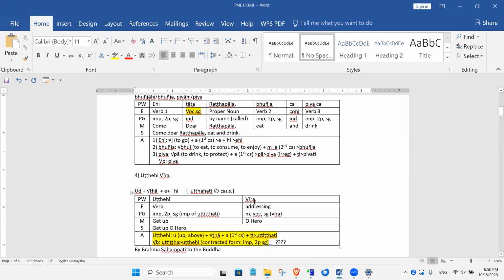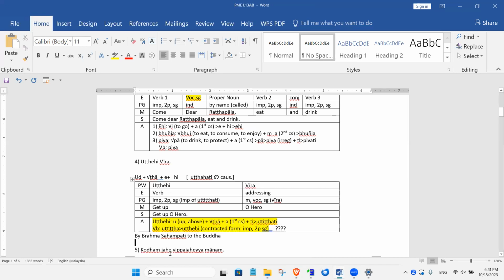You take utehi. And vira is still vocative singular. Hero. Actually, what you see here is all Tipitaka, because this one is said by Brahma Sahampati to the Buddha. He asked the Buddha to arise and then to preach the Dhamma.